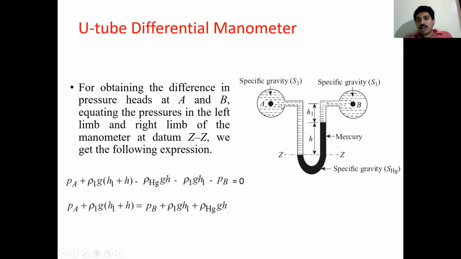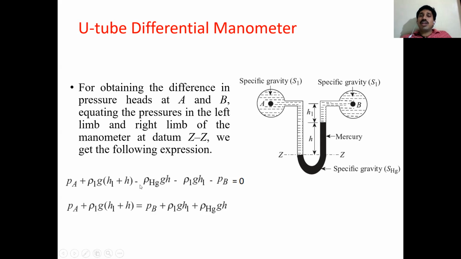So rho 1 g (H1 plus H) is the head to meet the next fluid level on the left limb of the manometer. Same thing I wrote here. PA plus rho 1, the density of the particular liquid in pipeline A. g is the gravitational constant. H1 plus H means the head which we are going towards the downward direction, minus, next fluid level starts.